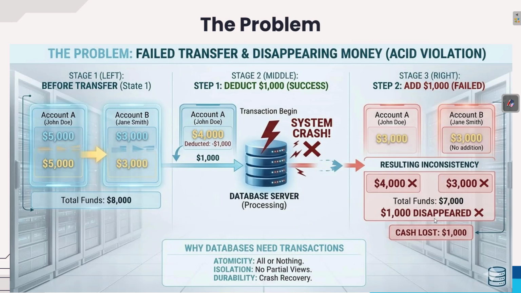So $1,000 disappeared. This is the cash loss problem. This is the real-world problem. Atomicity fixes this problem. We will discuss next how we fix it.